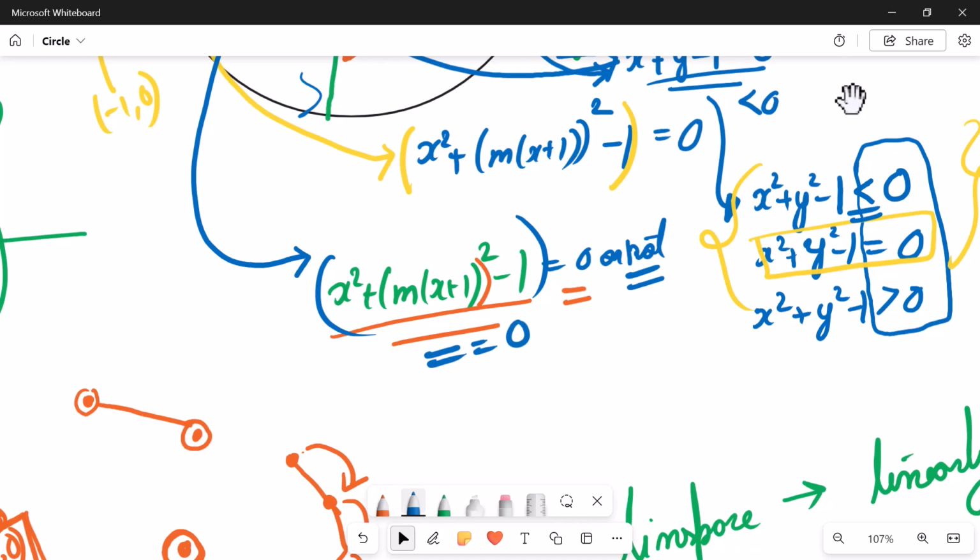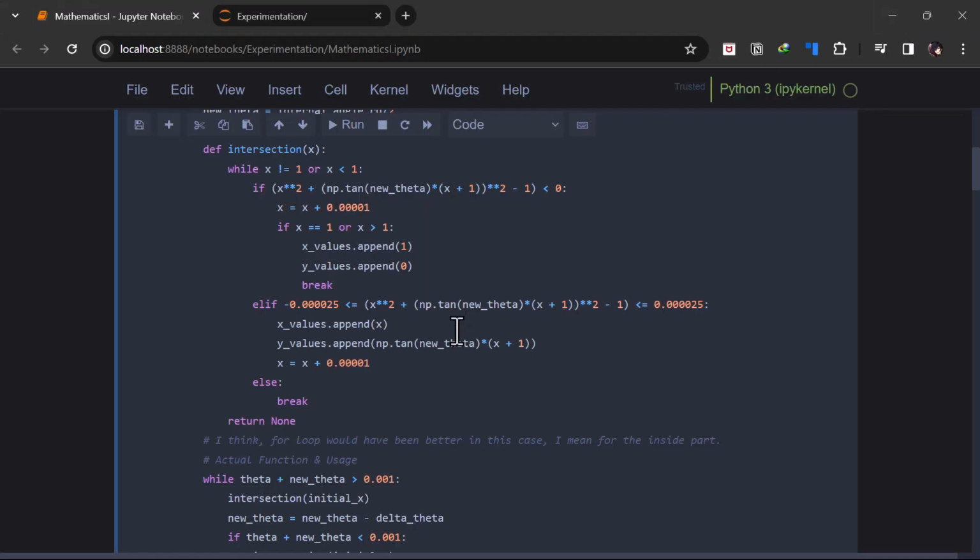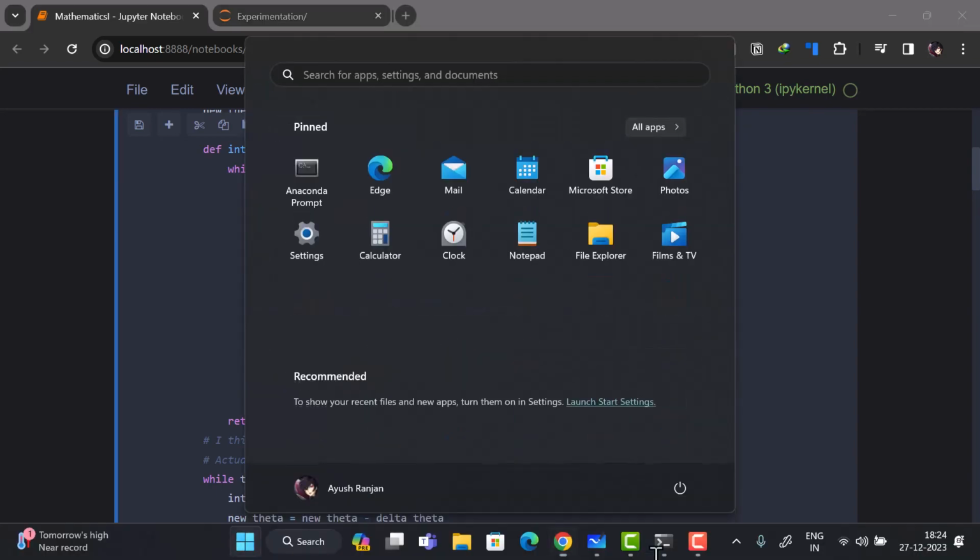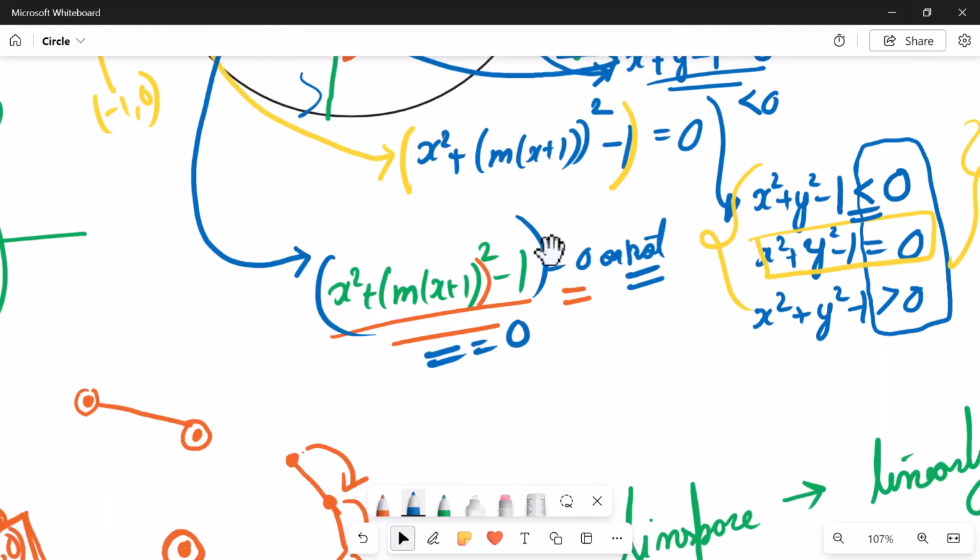But you have to understand that we are dealing with approximations here. We don't know what value will be spit out by this np.tan function, and whether that value will completely cancel out with 1 or not, because let me use the whiteboard, this value has to be equal to 1, right? Then only this minus 1 will be equal to 0.